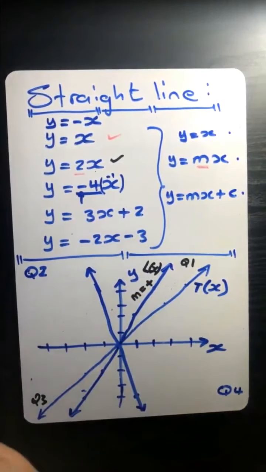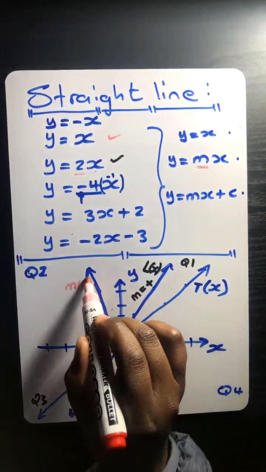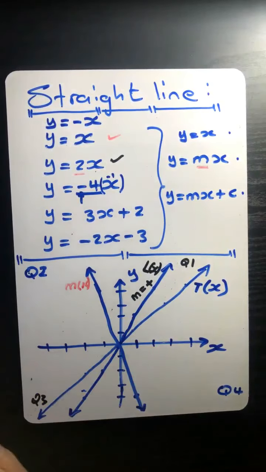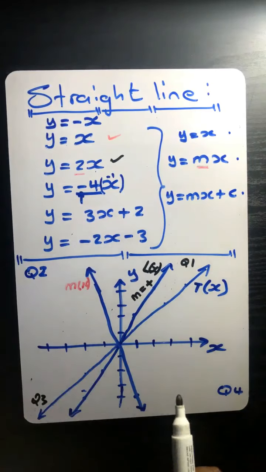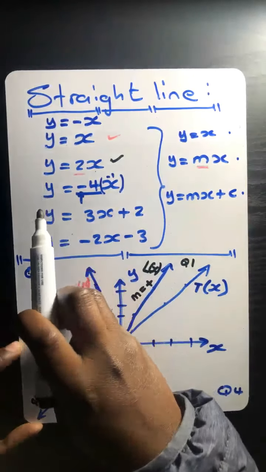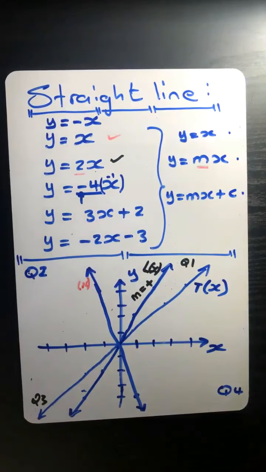So let's call this one, let me see, I see Minentle there. So this one, I'm going to call it M, which means this is M of X. So can you see, guys, these names, these letters are just given, but let me not give it M because it's going to be confused with M for the gradient. Let me see. I've got Gaugelo.